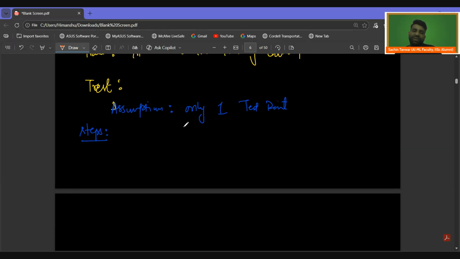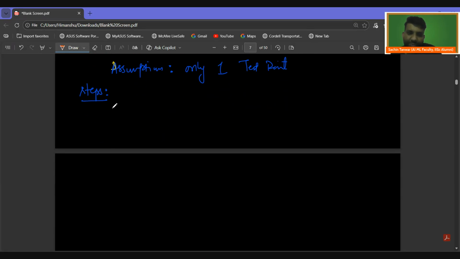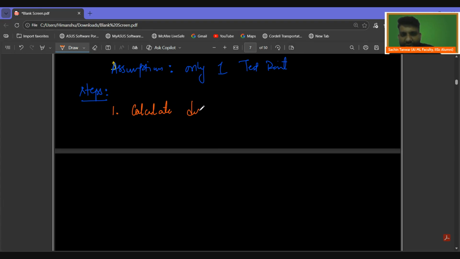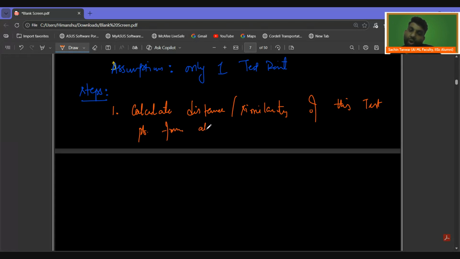So let me just write steps over here. The first step would be: calculate distance/similarity of this test point from all the training data points.